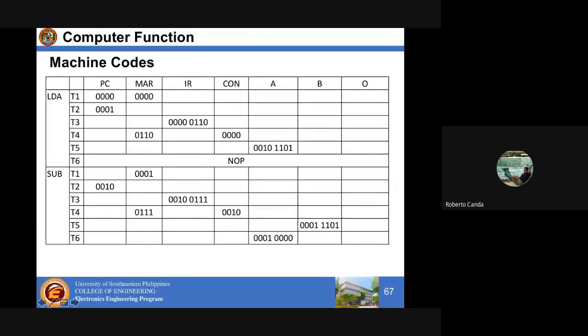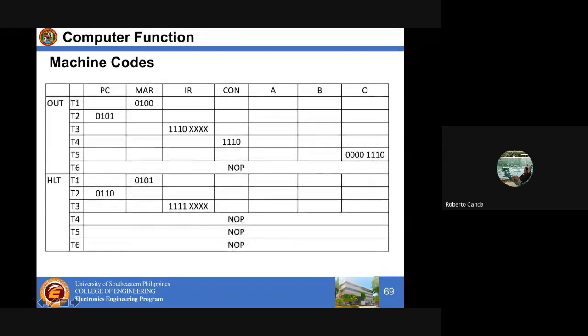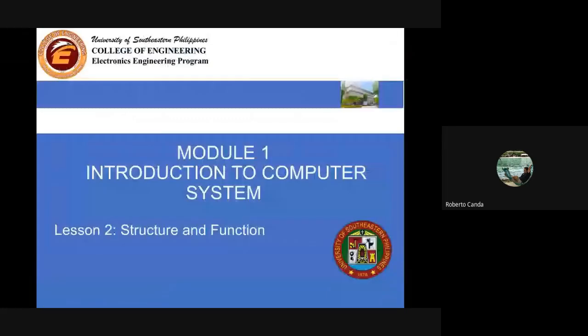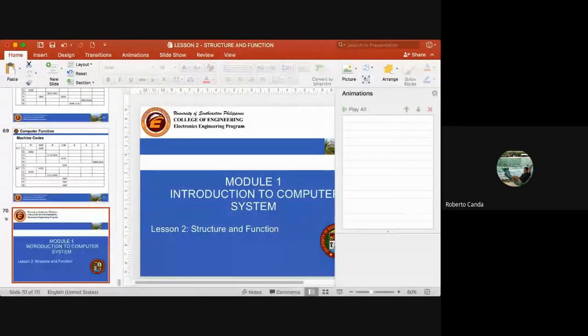So we have the LDA, the SUB, the ADD, the SUB, and the OUT and HLT. That's all for Module 1, Introduction to System, Lesson 2, Structure. Do you have any questions?